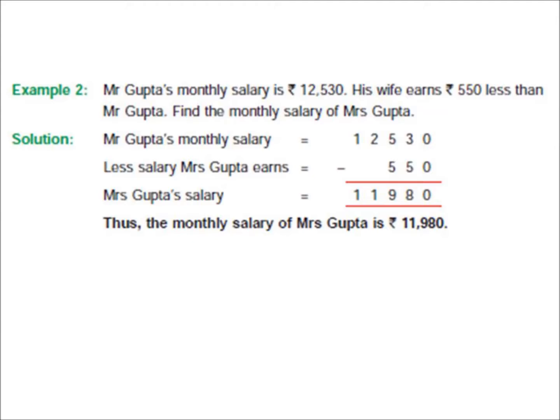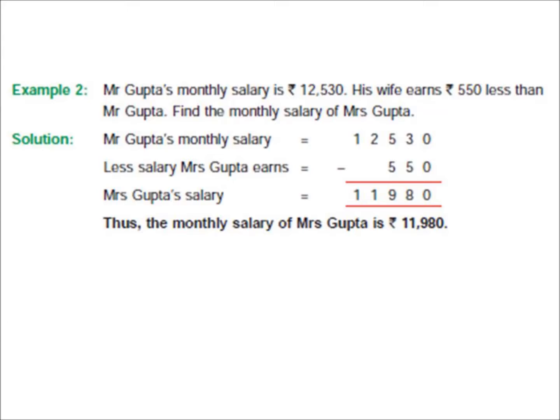Now your second example is Mr. Gupta's monthly salary is rupees 12,530. His wife earns rupees 550 less than Mr. Gupta. Find the monthly salary of Mrs. Gupta. As we know, after working we get the salary.